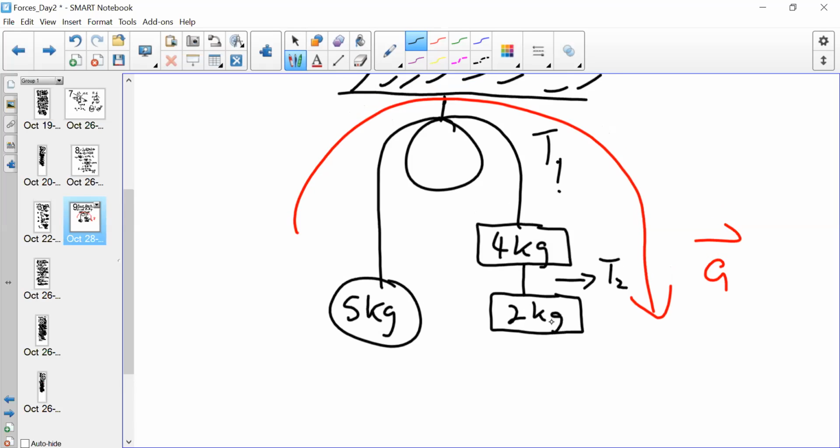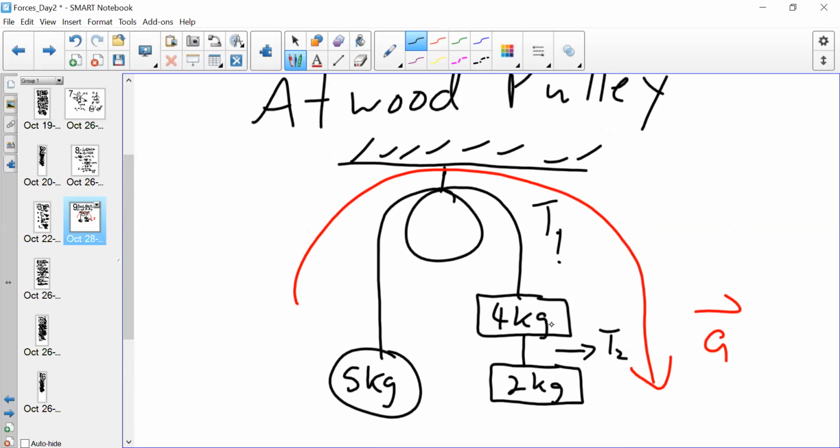So again, let's draw the perspective. This is our X, Y perspective. We know that the Y-axis will be straight up and down this time because it's hanging exactly vertically. It's not on a ramp or anything. And there's no X component because nothing's happening horizontally.